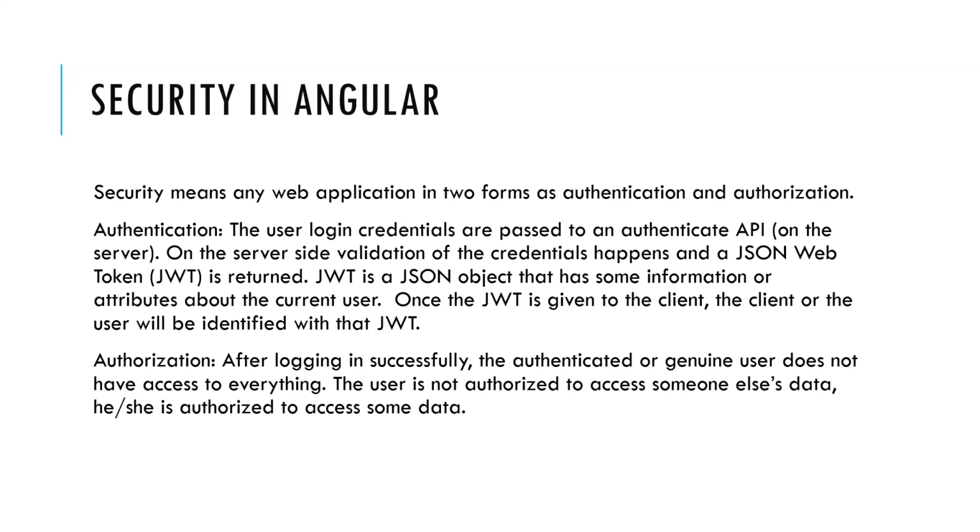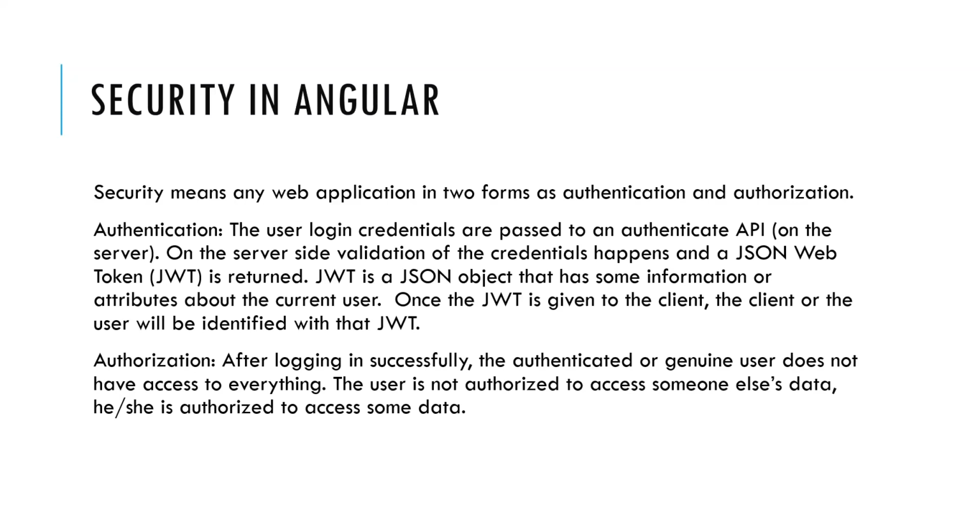So how can we provide security in Angular? Security in any web application takes two forms: authentication and authorization. In authentication, the user's login credentials are passed to the authentication API. On the server side, the credentials are validated and a JSON Web Token is returned. A JSON Web Token is a JavaScript object that has some information or attributes about the current user.